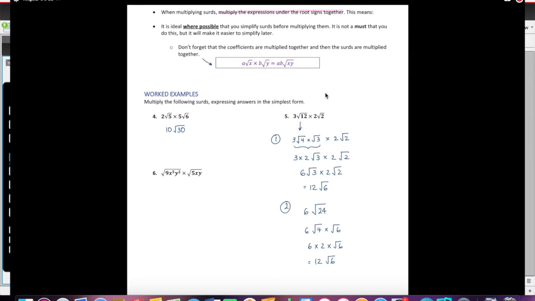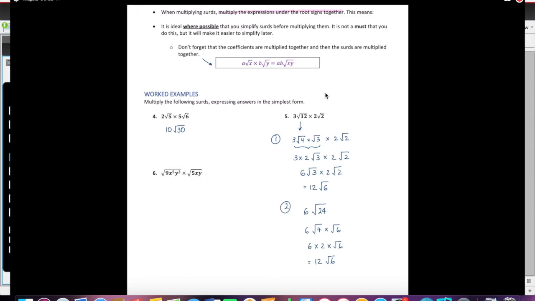All right, and then our last question here is root 9x to the power of 5 times y to the power of 2 times root 5xy. So my suggestion here is to actually simplify, or extend, I guess, the expression under the root.